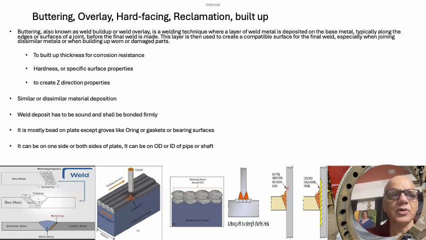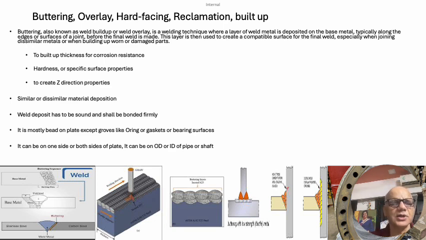Sometimes it is used for hardness, that is for hard facing. So you want, like in earth moving equipment, a very hard surface which is going to dig into the mud or soil, or going to lift heavy stones, or it can be a part of a crusher, or it can be a part of a shaft where you are going to have the bearing surfaces.